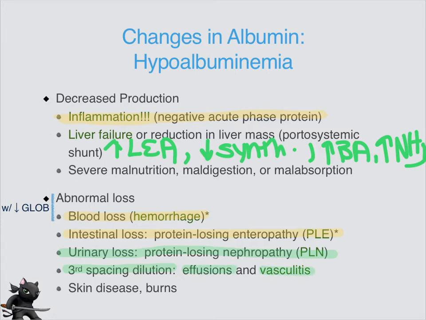So sometimes if we're in liver failure, for example, we're going to have an effusion in our abdomen, and it'll be a high protein effusion. And something that will happen is that as that effusion develops, albumin's going to distribute itself between that plasma fraction and that effusion, and it will look decreased in the plasma.